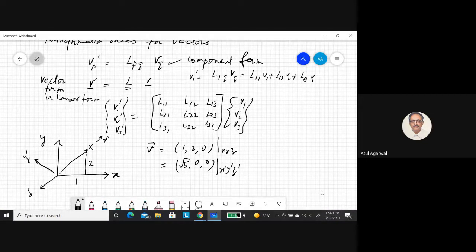Components don't have any meaning if you don't show the coordinate system also. We won't know in which direction we are going, what the x, y, z directions are. And also one thing you will see, the magnitude of a vector is invariant. What is the meaning of invariant? It does not change from coordinate system to coordinate system.